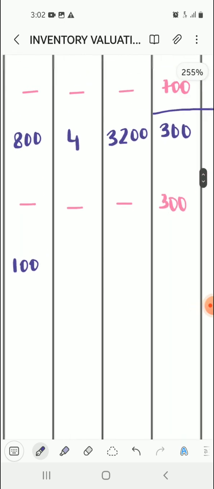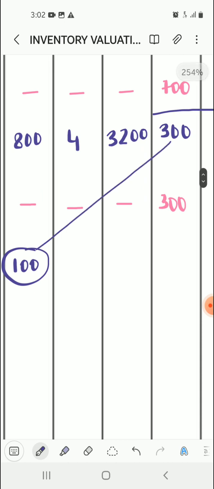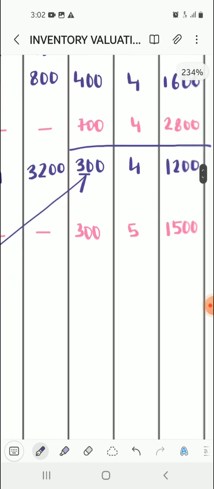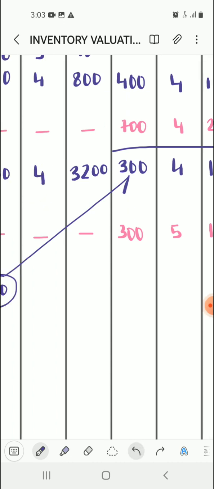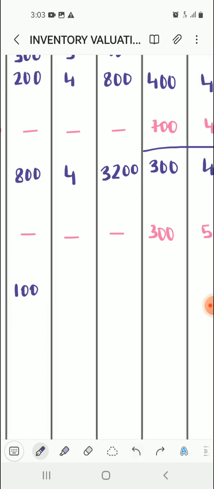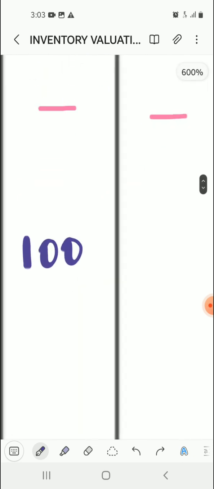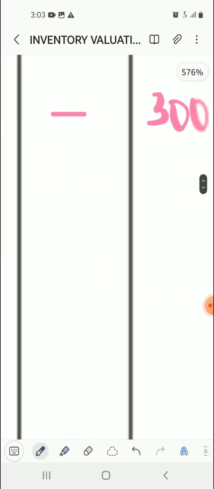Now this 100 units will be issued from the first lot that we have. We have two lots, one 300 lot of 4 rupees and one 300 lot of 5 rupees. Because we are following the FIFO method, we are going to issue this 100 from the previous lot, that is the 4 rupees lot. So the unit cost will be 4. Over here we will write 100 into 4, 400.